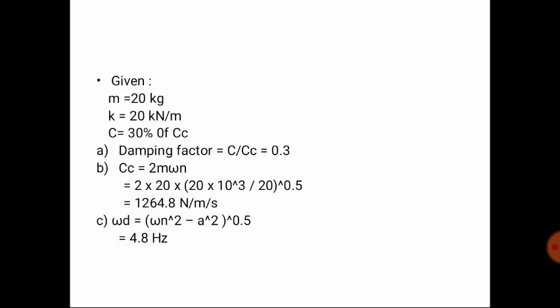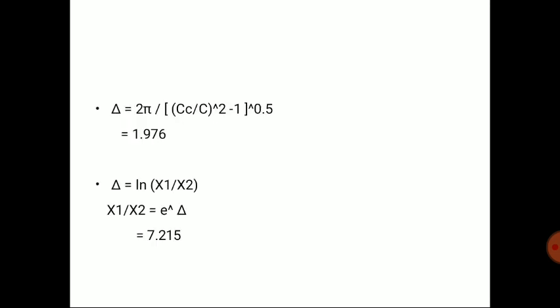To get the natural frequency, that is fd, we have to divide omega d by 2 pi. So we are finally getting fd equal to 4.8. Then logarithmic decrement delta is equal to 2 pi by root of (cc by c) square minus 1, which is 1.976. Then amplitude reduction factor x1 by x2 is equal to e raised to delta, which is 7.215.